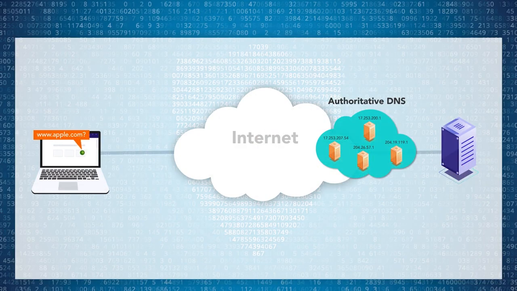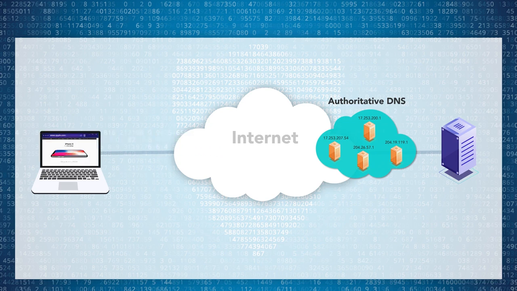Note that the authoritative DNS servers for the apple.com domain only need to be able to translate host names in that domain, and any of the domain's authoritative DNS servers can perform that function.